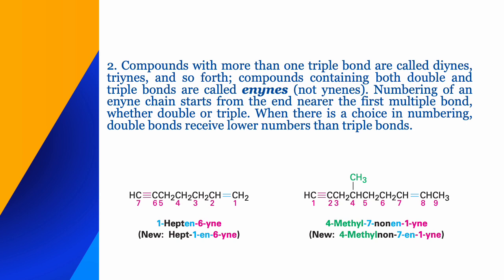That is why the representation of that is the en, and then for the triple bond we have the yne. So it is called the enynes. So numbering of the enyne starts from the end nearer the first multiple bond, whether double bond or triple bond. So when there is a choice of numbering, double bonds receive lower numbers than the triple bond.